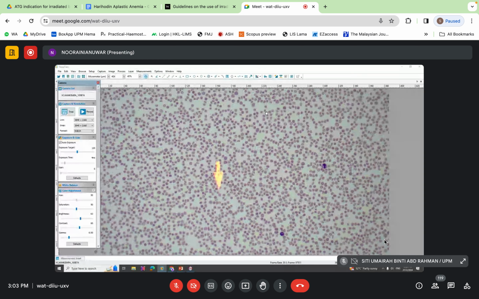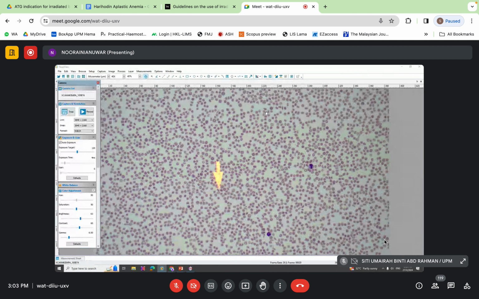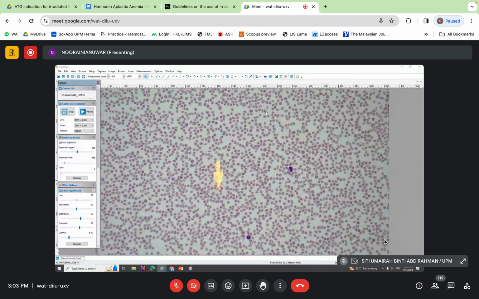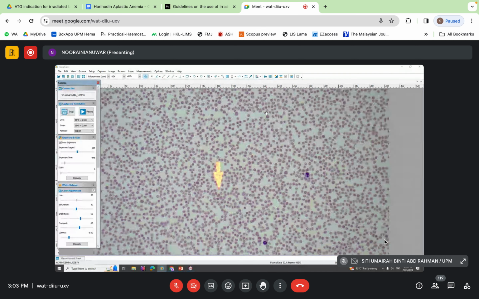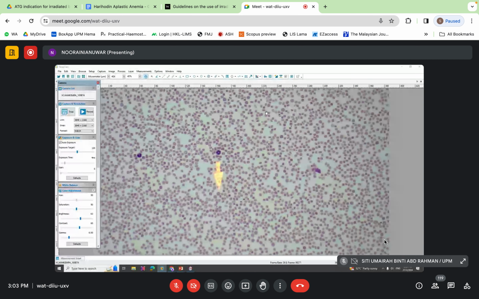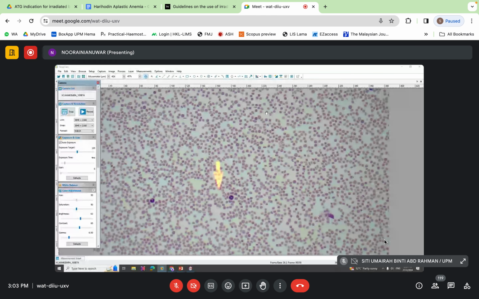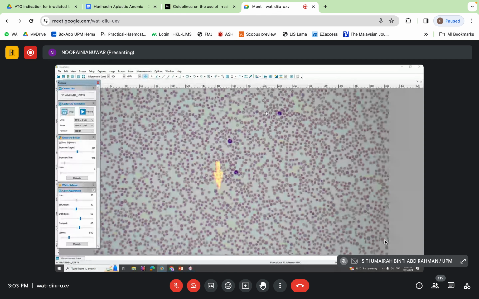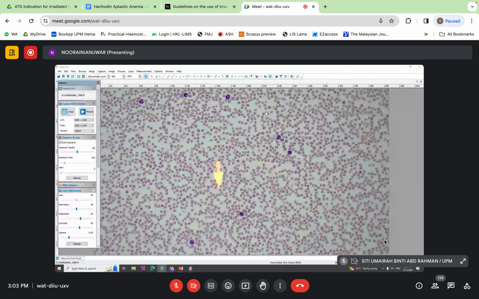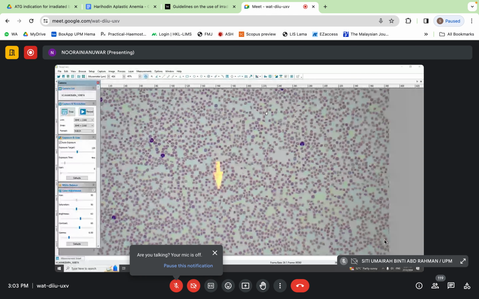There is also presence of hypochromic microcytic red blood cells, and you can see there is polychromasia. For the white blood cells, there is an increase in neutrophil count.